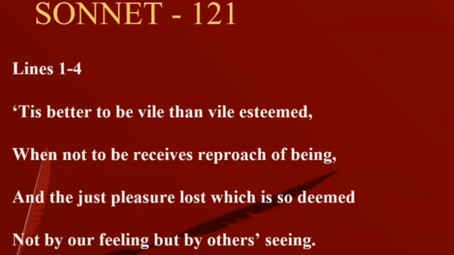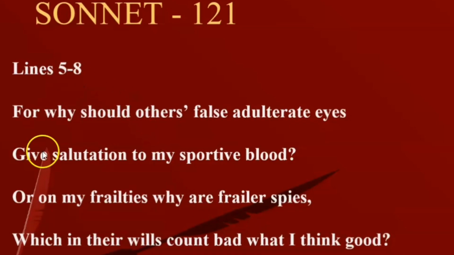I am a vile, vicious person. So when I think in such a way, I really feel that it is better to be vile than be called vile by somebody. Right? And this really happens to lose the pleasure of my life. Okay, and that's what he says. And not by our feeling, but by others seeing. When others see us, and I feel it like that. Okay. Now, look at the next lines.